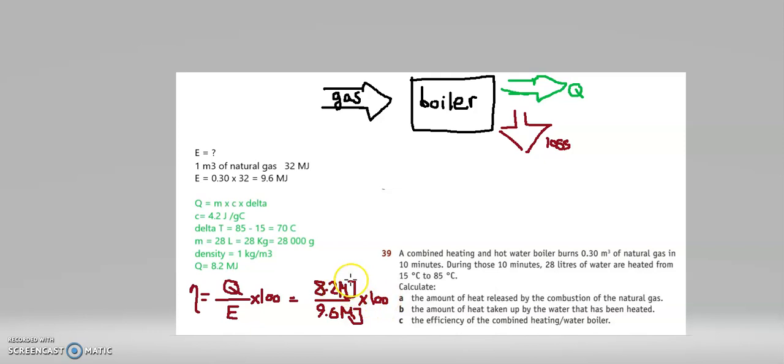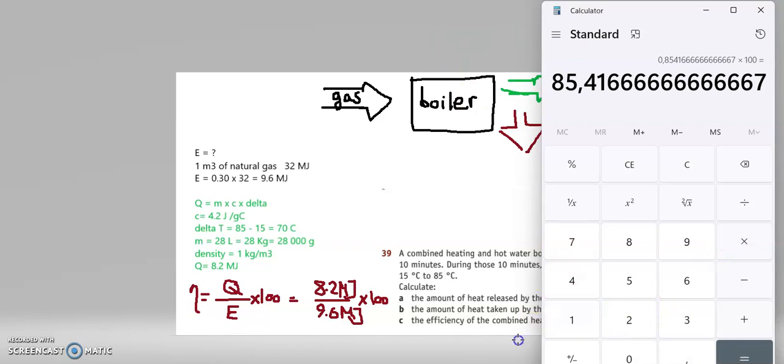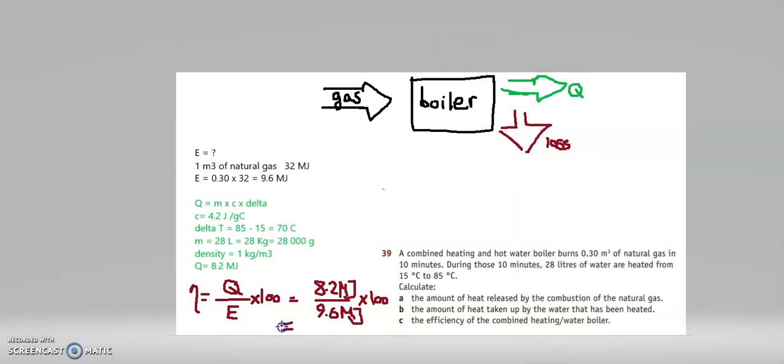Mega is 10 to the power of 6, so we have 10 to the power of 6 on the top and on the bottom, and these two cancel each other out. So 8.2 divided by 9.6 and then multiplied by 100 is the efficiency, 85%. So the efficiency is 85%. That means that 85% of the total energy will be transferred to the useful, and 15% is energy loss.